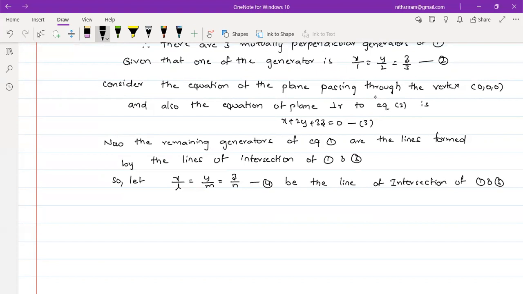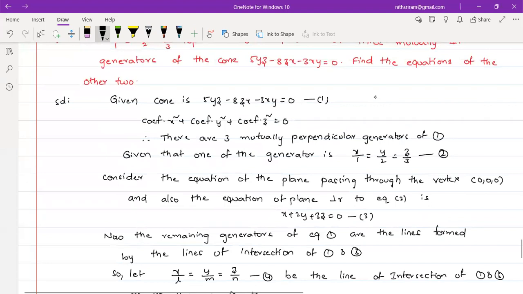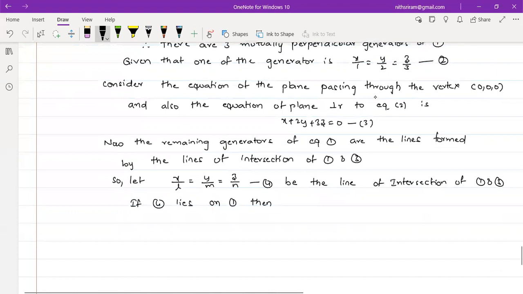Okay. So if equation 4 lies on 1, then what we have to do is, in equation 1, we have 5yz minus 8zx minus 3xy is equal to 0. In this equation, we put x is equal to L, y is equal to M, and z is equal to N, so that we get 5mn minus 8nl minus 3lm is equal to 0.